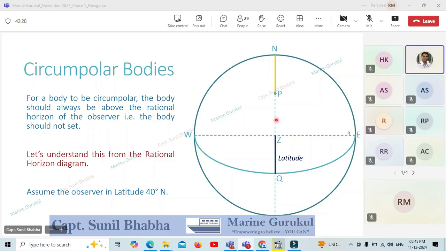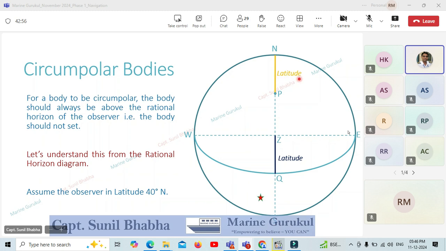N to Z is 90 degrees, that is rational horizon to zenith. So therefore, what is the arc ZQ? It will be exactly the same as arc NP. ZQ was the latitude of the observer, so NP, which is the altitude of the pole or elevation of the pole, will also be equal to the latitude of the observer.